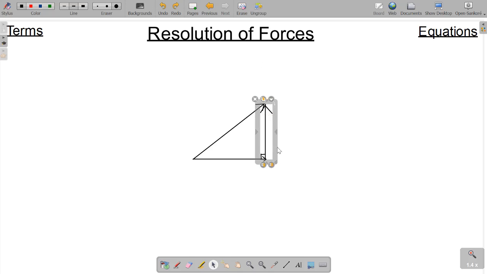So you can resolve it into these two perpendicular forces, and you can move this here, and basically the addition of these two forces will give this force. Let's say you define this angle as theta.